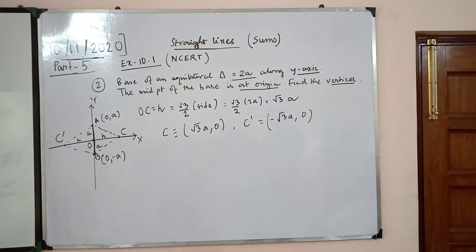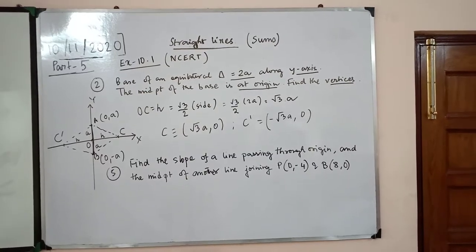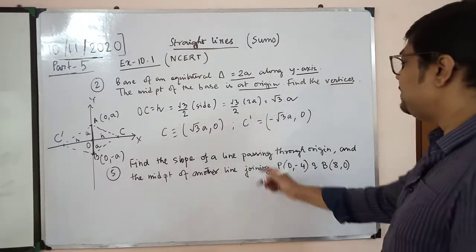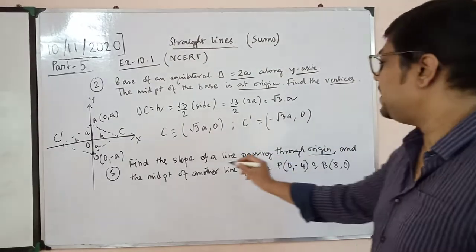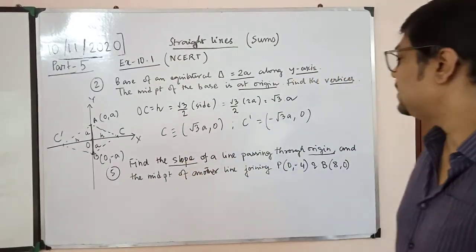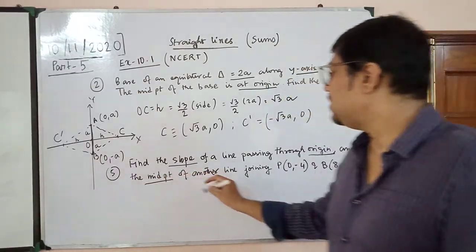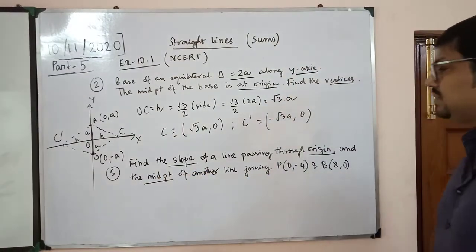Next sum now. Let us see the next sum, number 5. Find the slope of a line passing through the origin and the midpoint of another line joining these two points.